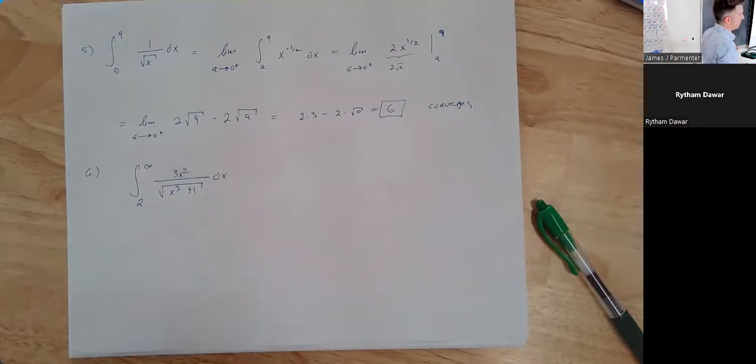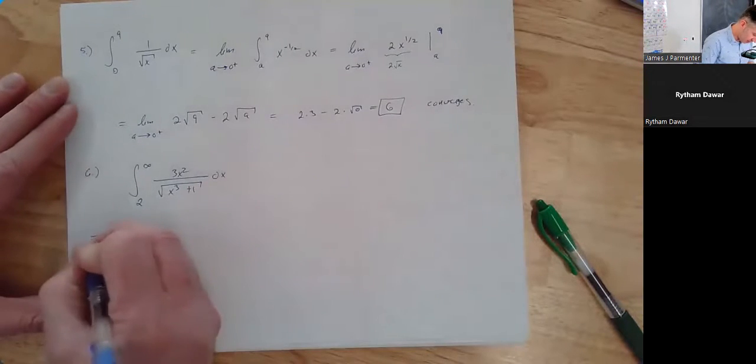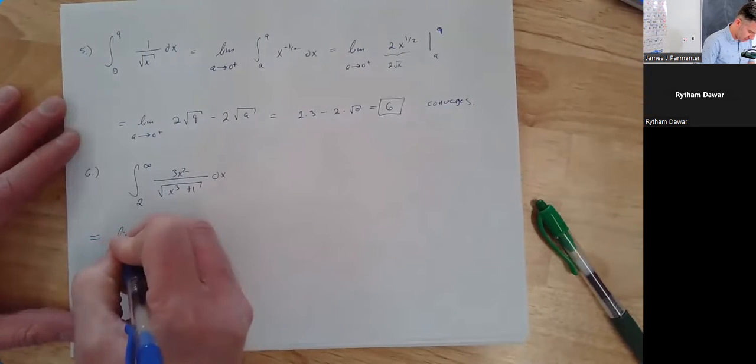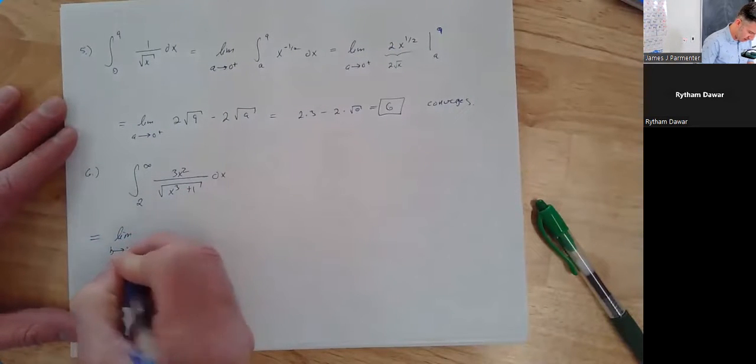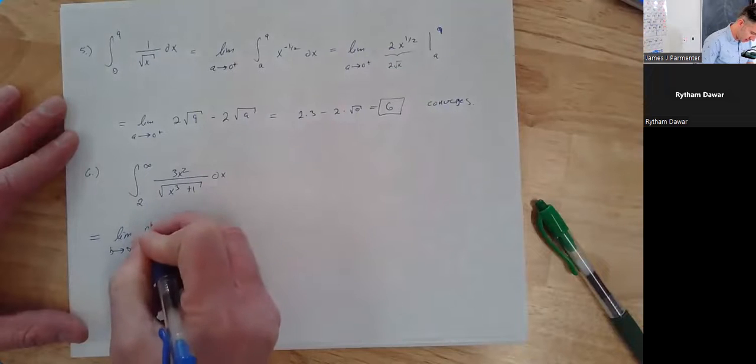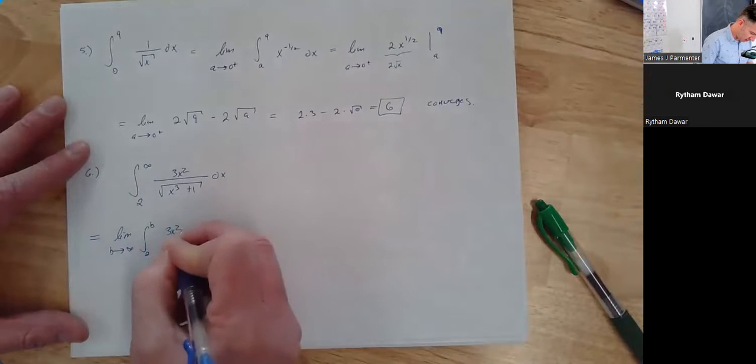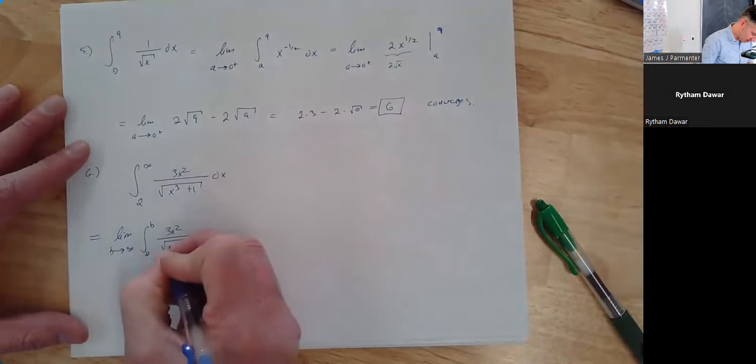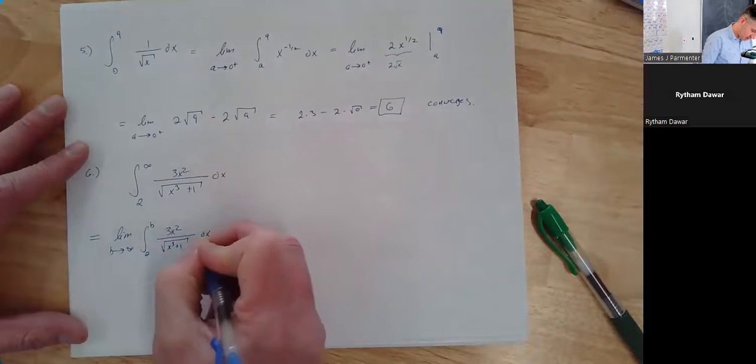If I were doing this problem, I would still start off by noting the improperness first. So I'd be like, okay, it's improper, so I'm going to write this as the limit as b approaches infinity of the integral from 2 to b of 3x squared over the square root of x cubed plus 1.